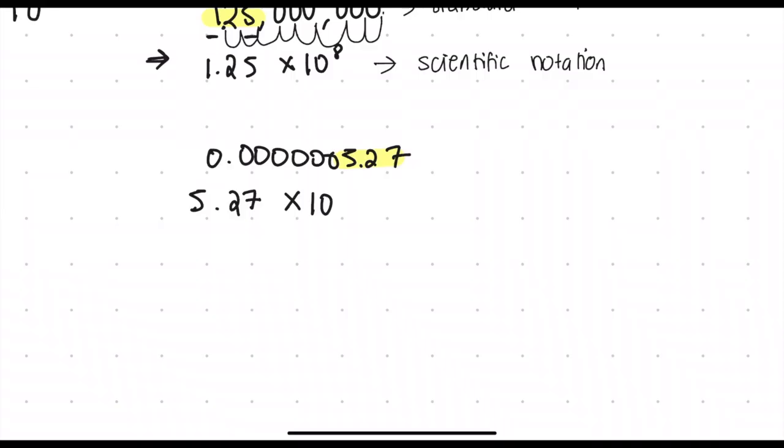Again, to find out what this number is, you move backwards. So it's 1, 2, 3, 4, 5, 6, 7. But it's not just a 7, it's minus 7, because it's a really small number. If I was to say 5.27 times 10 to the power of 7, that's a really big number.